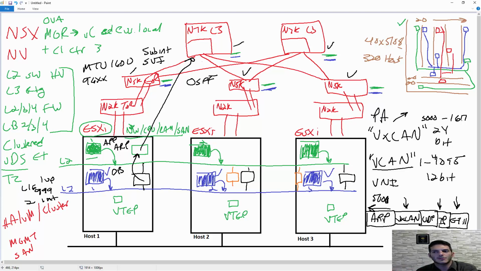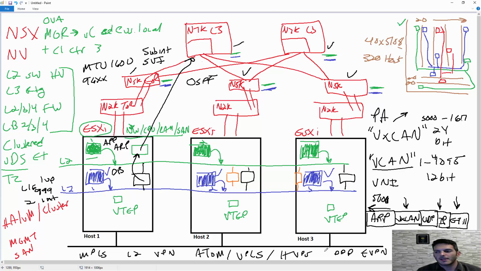So anything that sits in red, that is physical, all that right there is completely oblivious to what's happening in the NSX world. Think of this from a service provider perspective. If you have MPLS L2 VPN, it doesn't matter if this is Atom, any transport over MPLS, VPLS, hierarchical VPLS, PBB, EVPN.